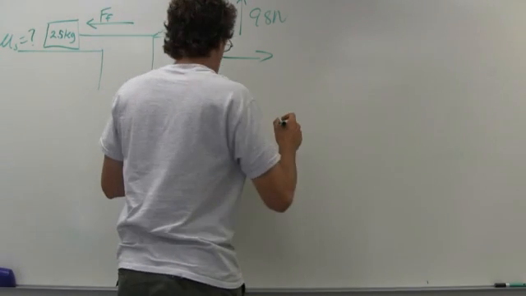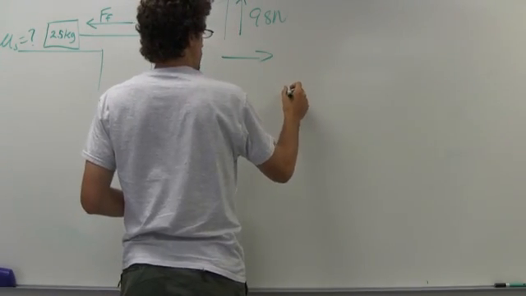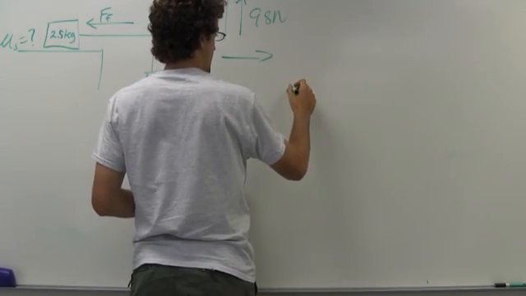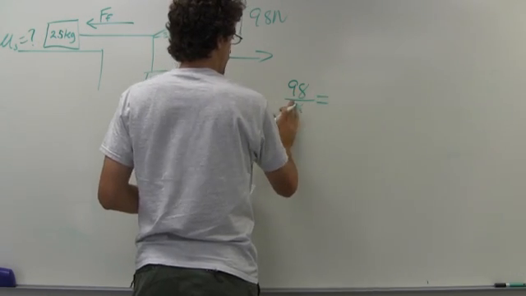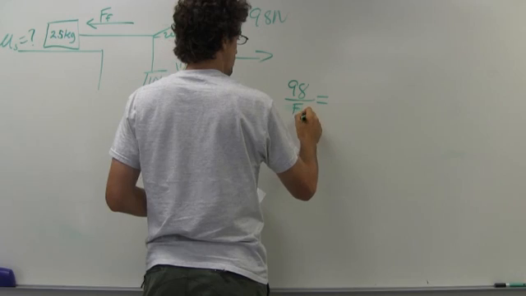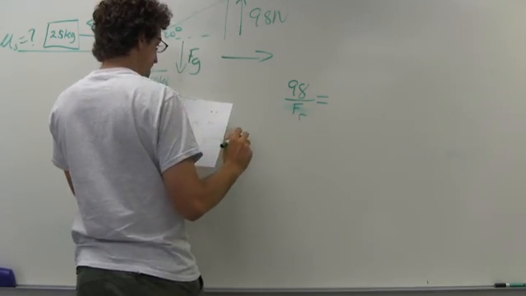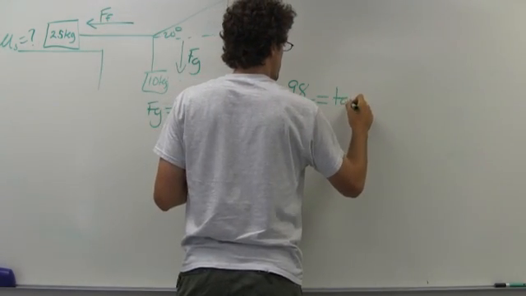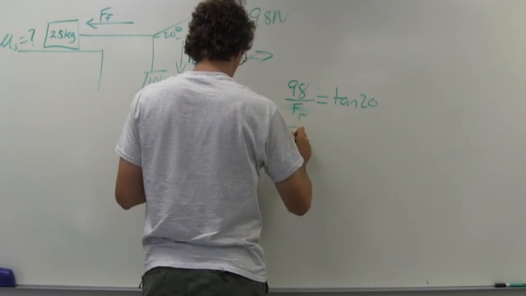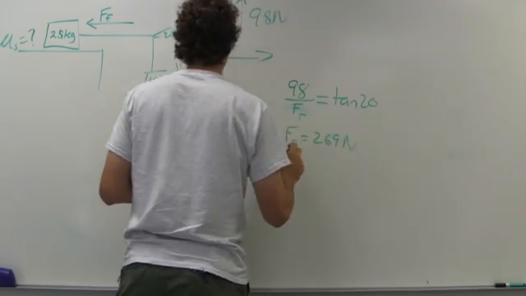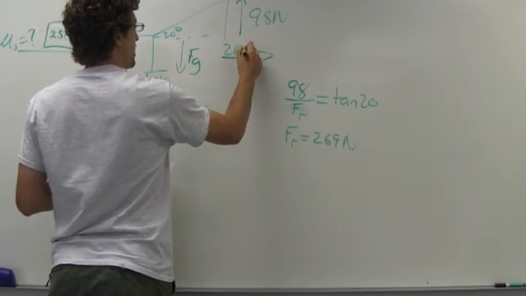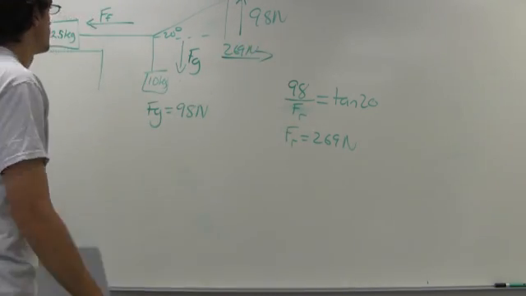So we can say, okay, we know tangent 20 is 98 over x, or the force to the right is equal to 98 over tangent 20. And that's going to come out to be 269 newtons. So we now know it's being pulled 269 newtons to the right.